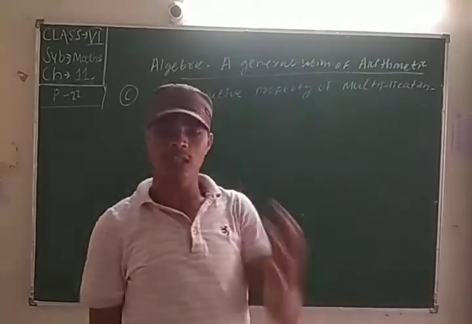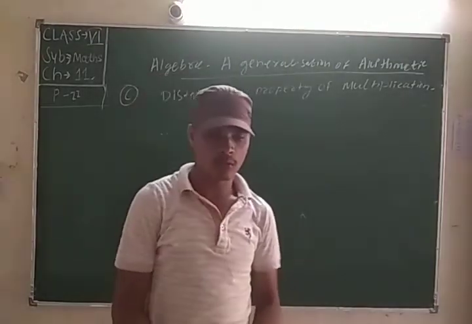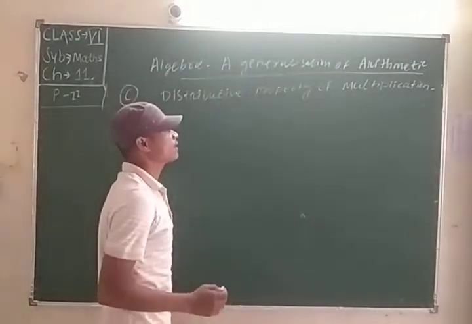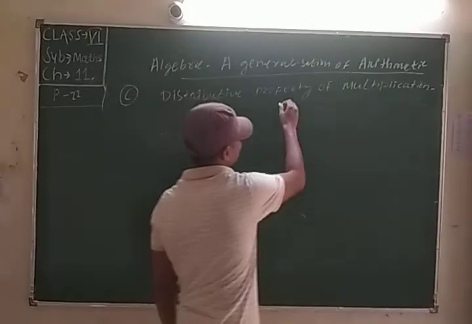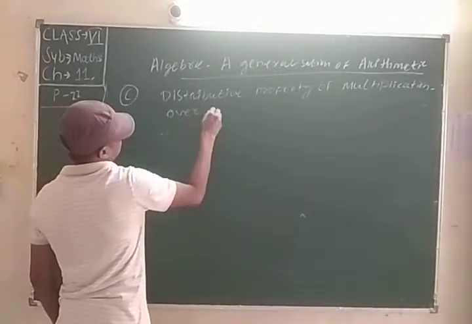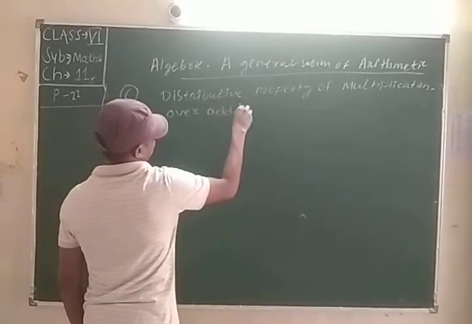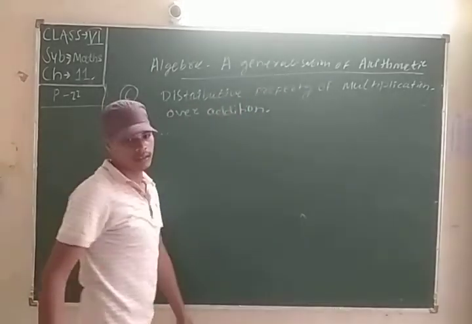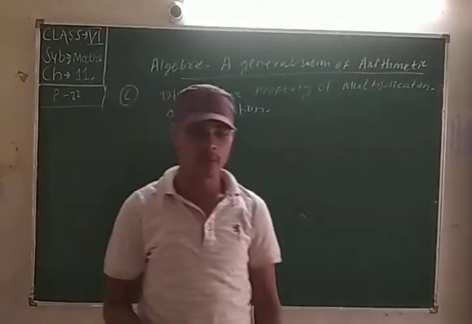Multiplication means we find the product, and distributive property of multiplication is over addition. Then how do we know the distributive property over addition?